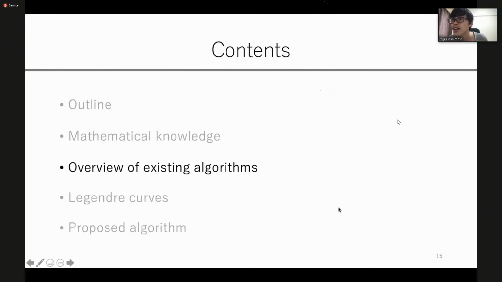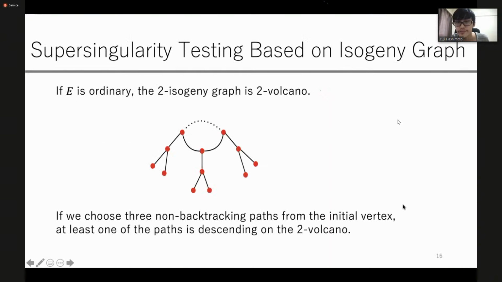Okay, I will explain an overview of existing algorithms. If E is ordinary, the two-isogeny graph is a two-volcano. If we choose three non-backtracking paths from the initial vertex, at least one of the paths is descending on the two-isogeny volcano.